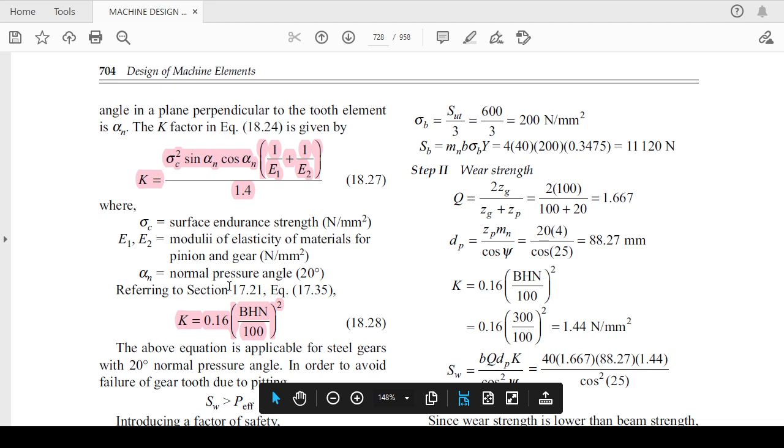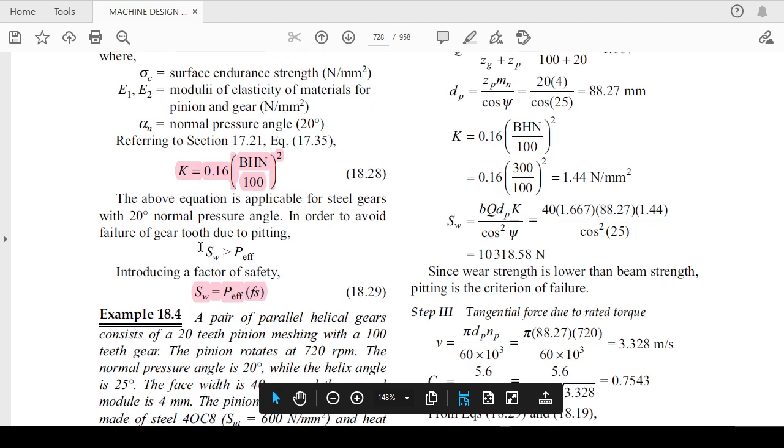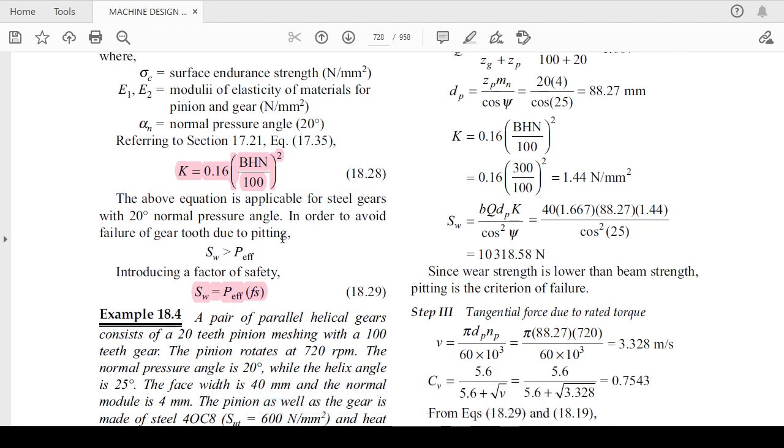This is a short formula if you are not able to calculate these values or they are not given in the numerical. It is also well known that wear strength should always be greater than the effective load, and your wear strength will be equal to P effective multiplied by the factor of safety.